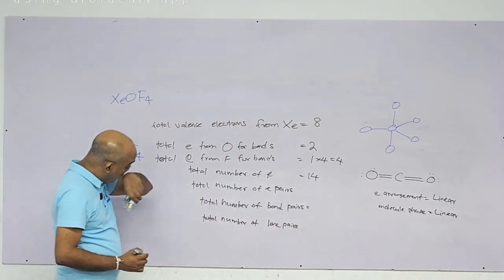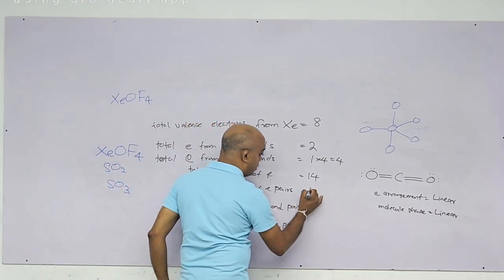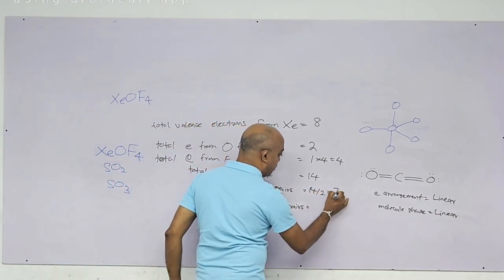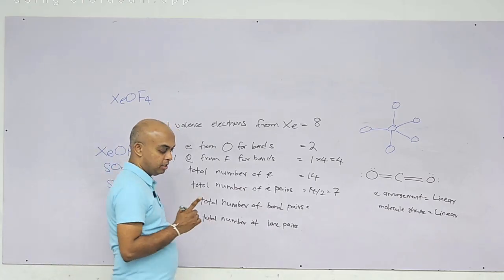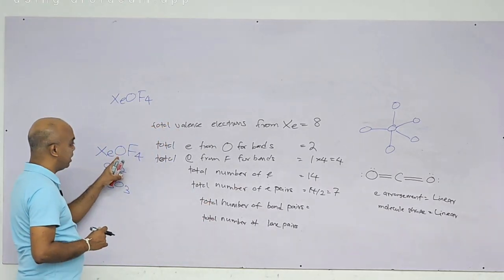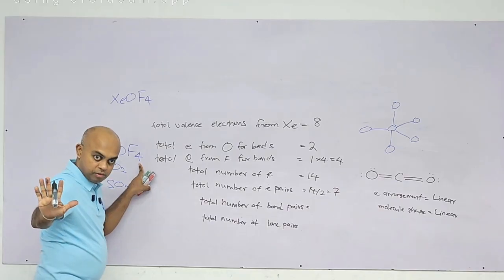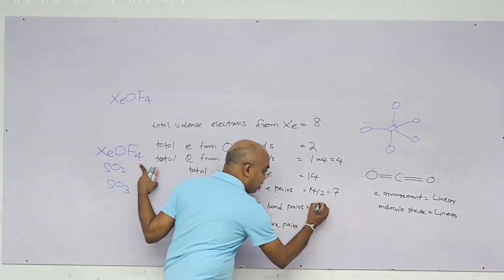Then the total number of electron pairs, 14 divided by 2, that is 7. Total number of bond pairs: here the terminal atoms are 5, right?